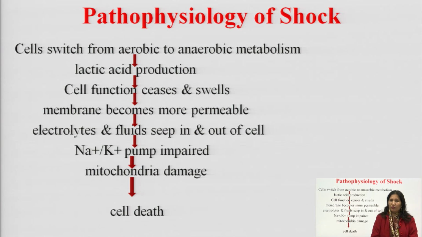Because of the underperfusion, there is reduced oxygen supply, and reduced oxygen supply leads to cells switching from aerobic to anaerobic metabolism, and because of anaerobic metabolism there is increased production of lactic acid, cell function ceases and cells swell, membranes become more permeable and electrolytes and fluids seep in and out of the cell, that is, electrolyte imbalance will occur.